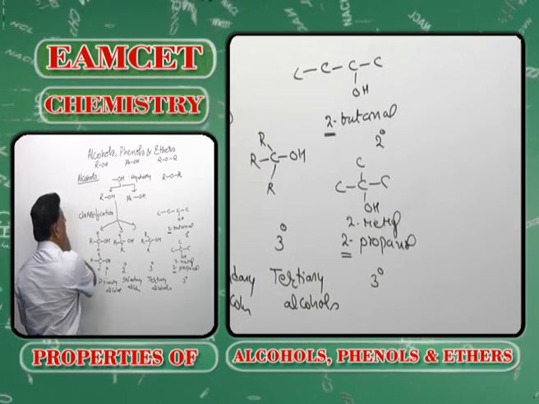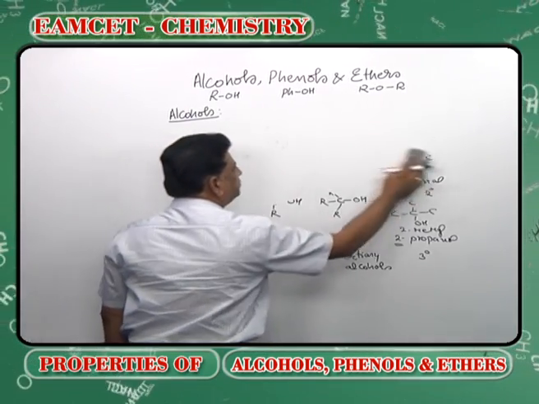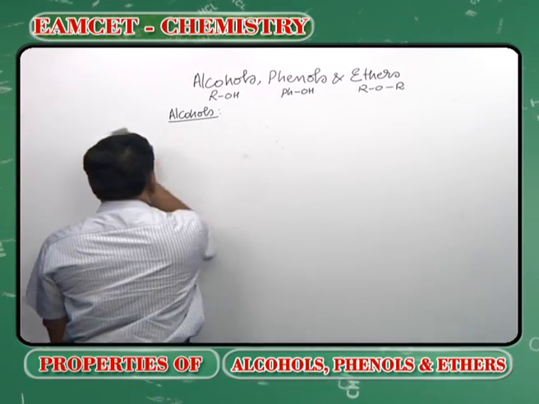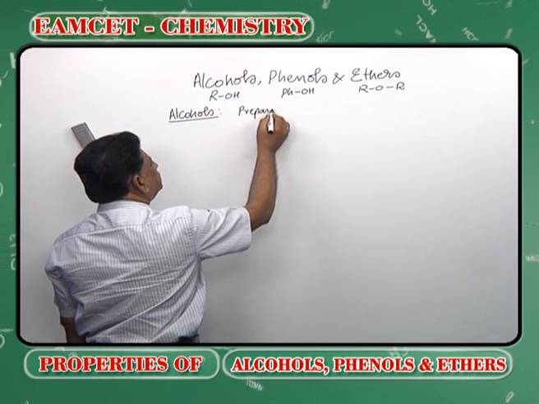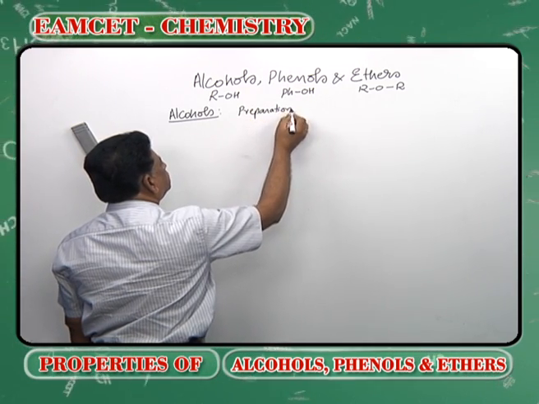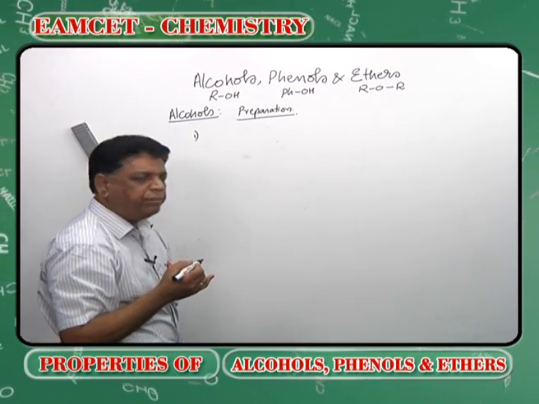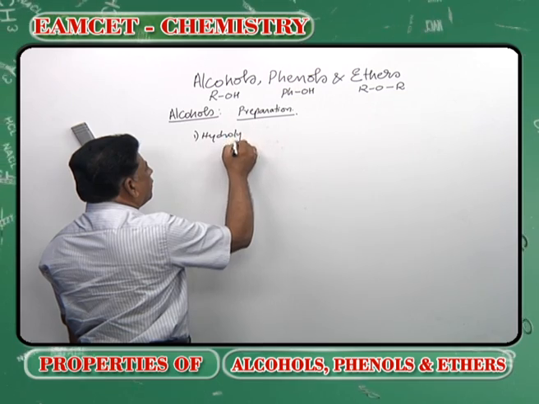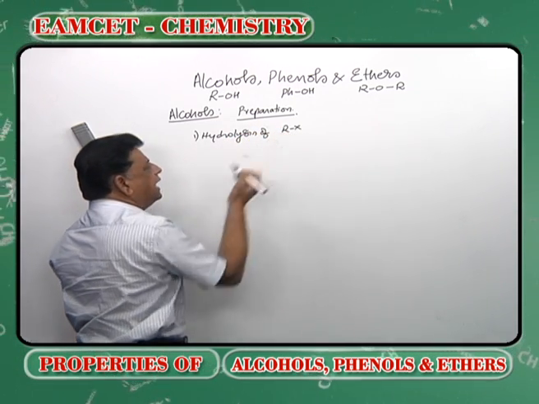Now, let us go to some of the preparation methods of alcohols. How are alcohols prepared? Alcohols can be prepared by the hydrolysis of RX, where RX stands for alkyl halides.